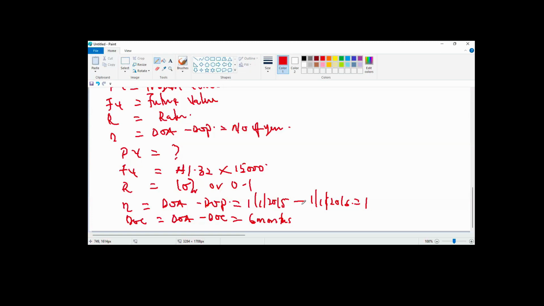I will now put it into the formula. 1.32 times 15. What does it give us? 1.32 times 15. 19.8.